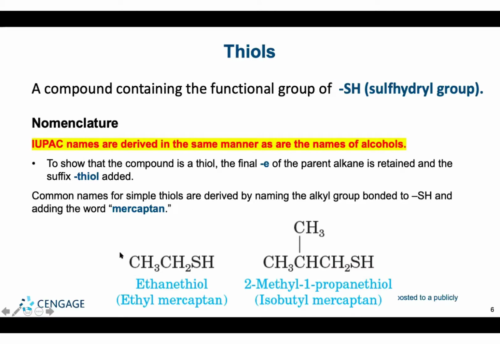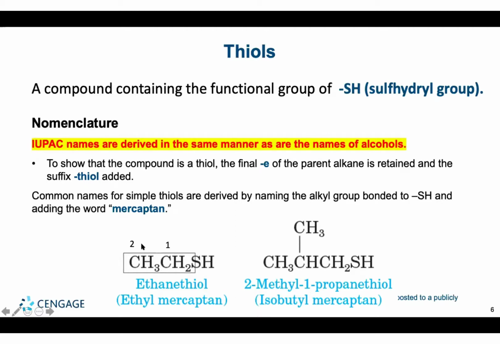Let's name this compound on the left side. From which side should we start numbering, guys? From the right side, from the carbon on the right side. The longest chain is 2 carbons, and I start from the right side, 1 and 2. Make sure, guys, when you want to find the longest chain, never put the functional group as part of it if there is no carbon in it.